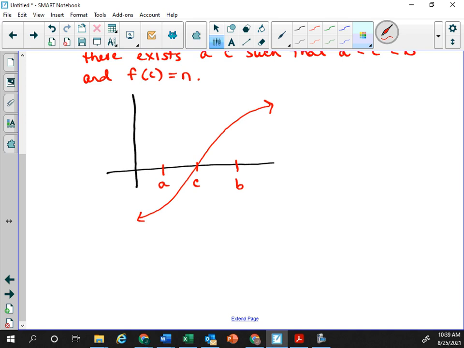And it won't always go through the x-axis where point C is, but it's just an example for you.